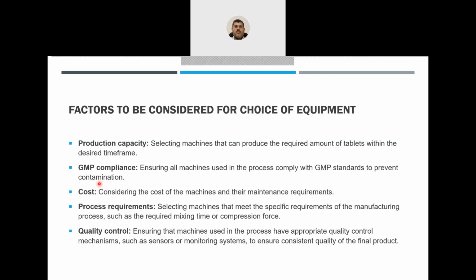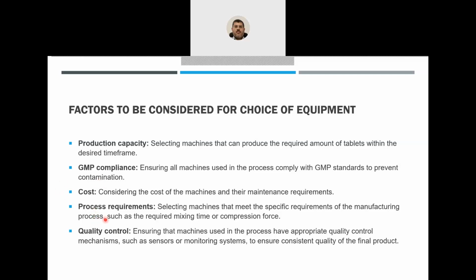Of course, they are more expensive, but because of the high production capacity they need, they will spend for it. Some production lines that may not be used extensively, they may buy lower cost machines, like from Italy or China. Then it may not give problems because it will not be used heavily like the tablets.